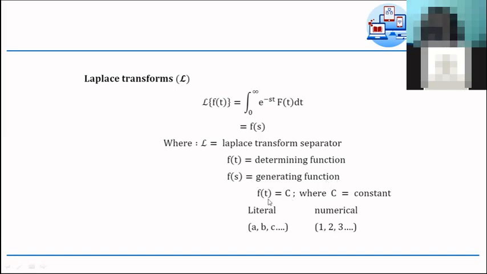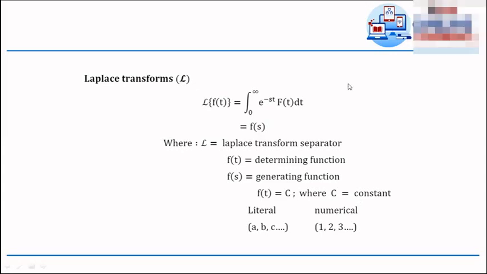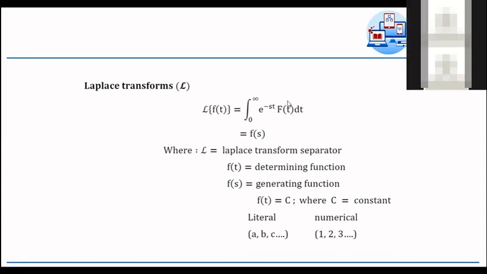The function of t is always equal to a constant, where c is a constant. So we have the literal values a, b, and c. We also have the numerical values, which are 1, 2, and 3.